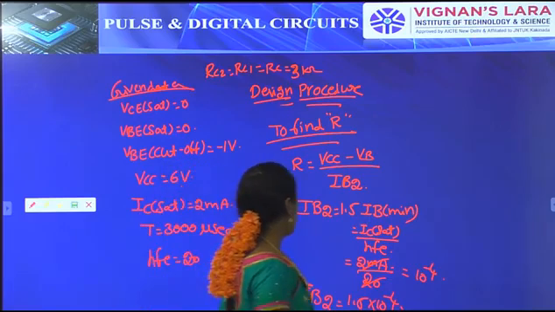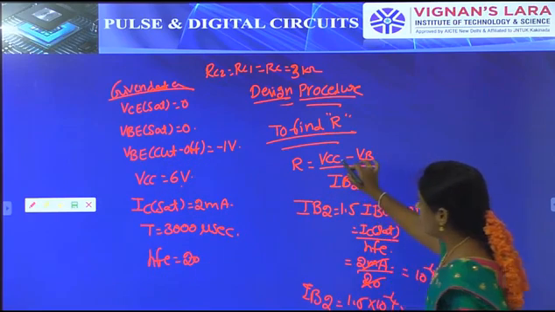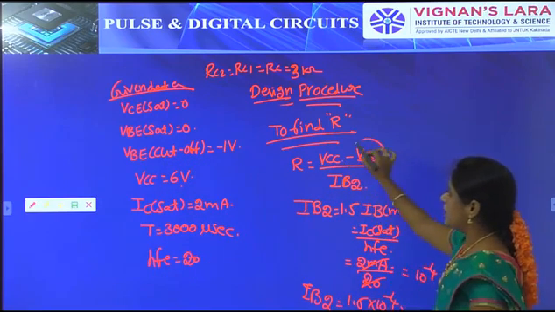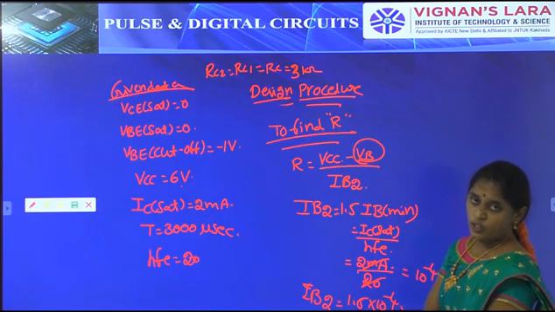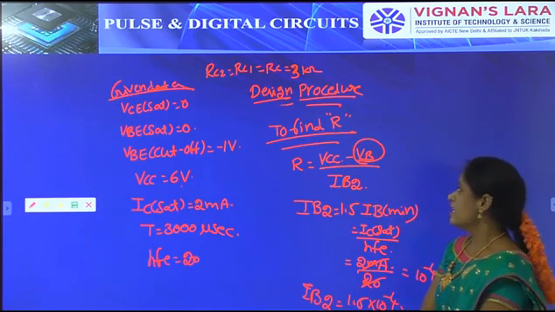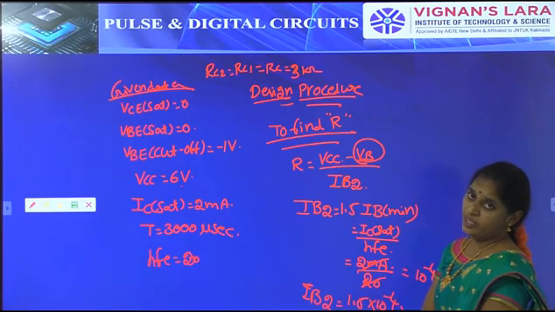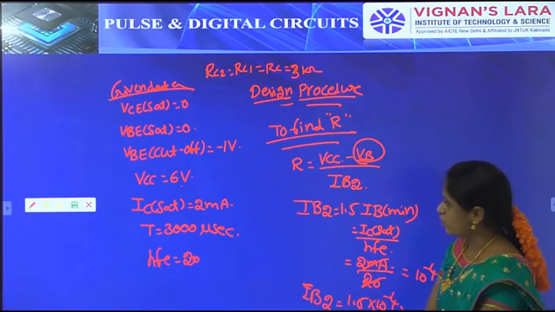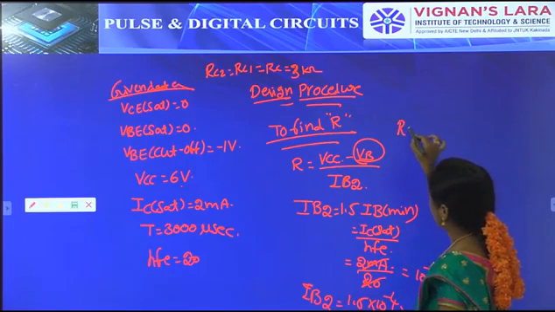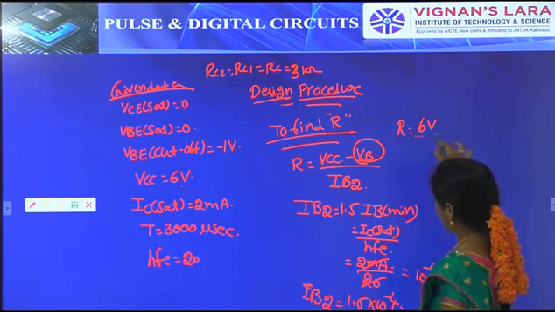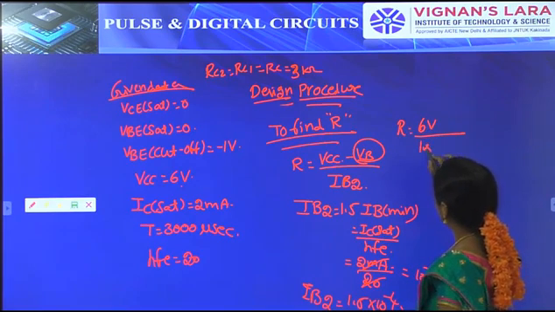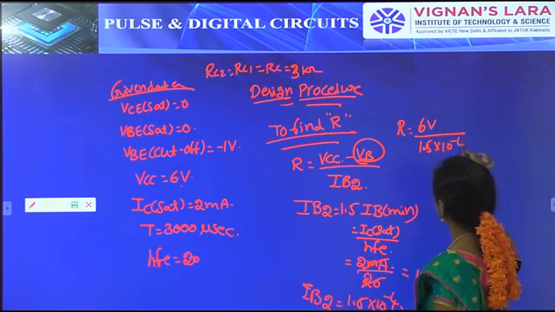From that we have to find R. They give the VCC value, and VB is nothing but the Q2 base voltage, that is VBE saturation, which is equal to 0. So R will be 6 volts by IB2, which is 1.5 into 10 power minus 4.